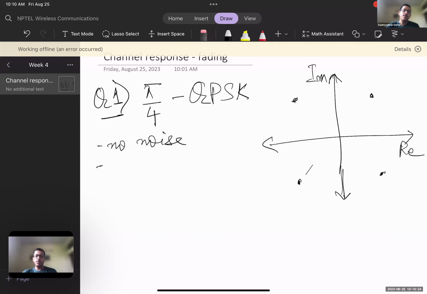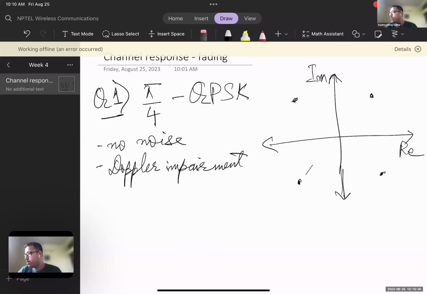There is no noise, and there is some Doppler impairment, which is the phenomenon of Doppler shift. It happens because of relativity and the speed of light, especially for high speed moving objects.